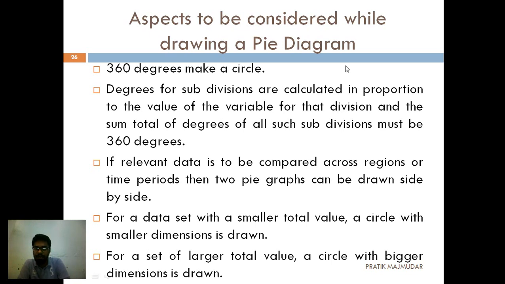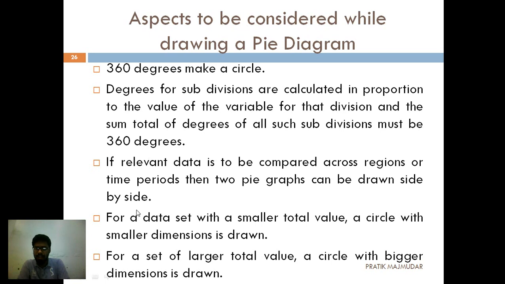Then third one, if the relevant data is to be compared across regions and time periods, then two pie diagrams can be drawn side by side. When you are comparing two particular time periods, you have to draw two different pie diagrams. If you draw two diagrams, you can compare in a better way.